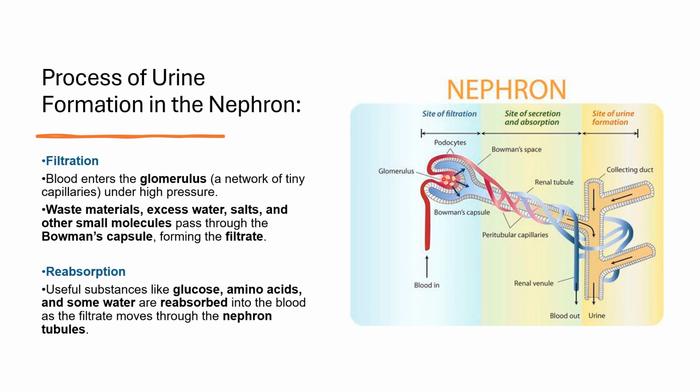You can see that there are blood vessels around the nephron tubule. If there is any material which needs to be reabsorbed, like glucose, amino acids and maybe some amount of water, it will be reabsorbed into the blood. They are taken back to the body.